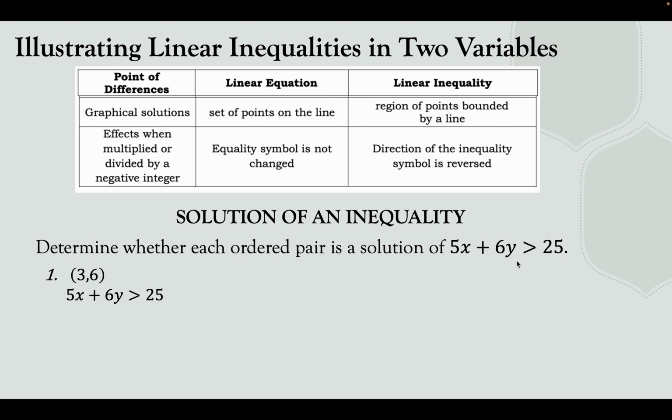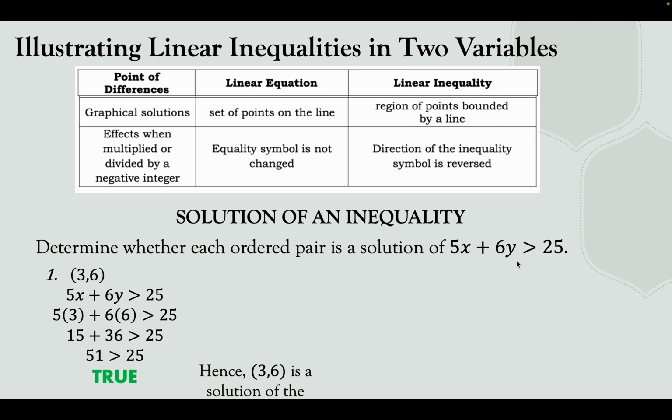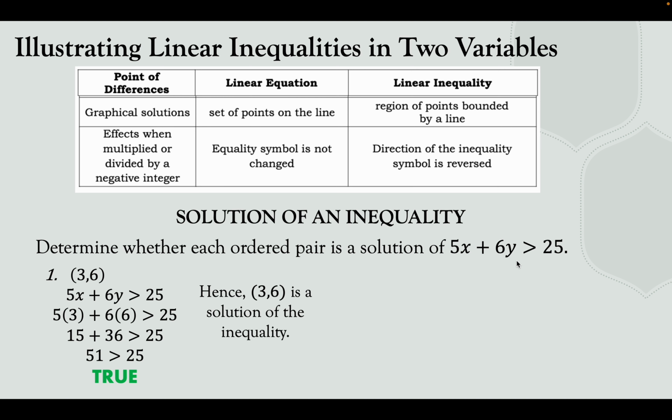We substitute 3 for x and 6 for y. So we have 5 times 3, which is 15, plus 6 times 6, which is 36, is greater than 25. 15 plus 36 is 51. Is 51 greater than 25? That is true. Hence, (3, 6) is a solution of the inequality.